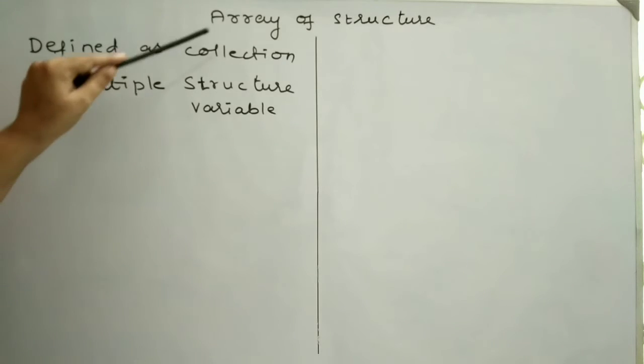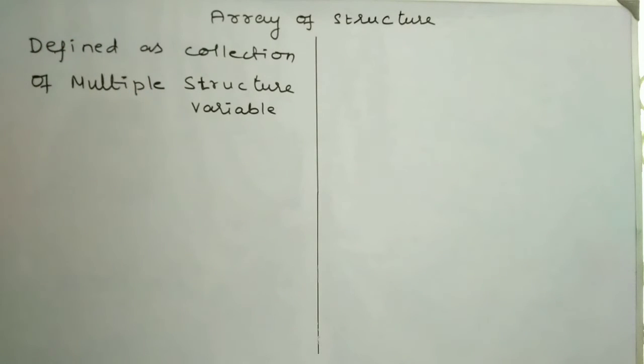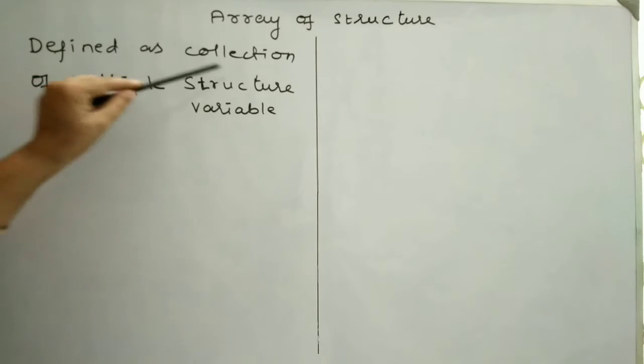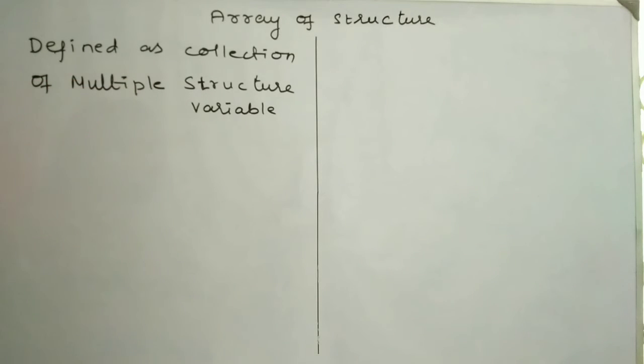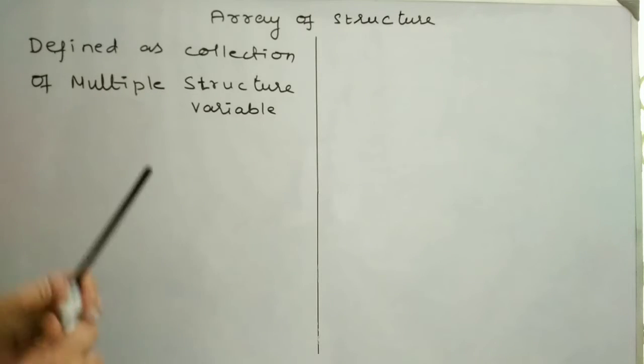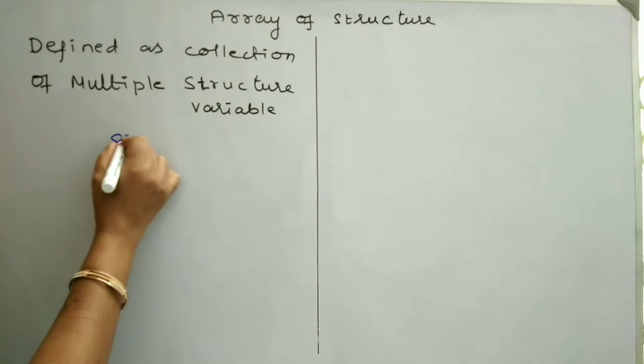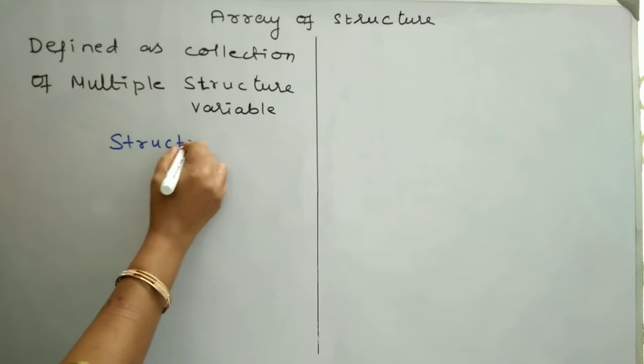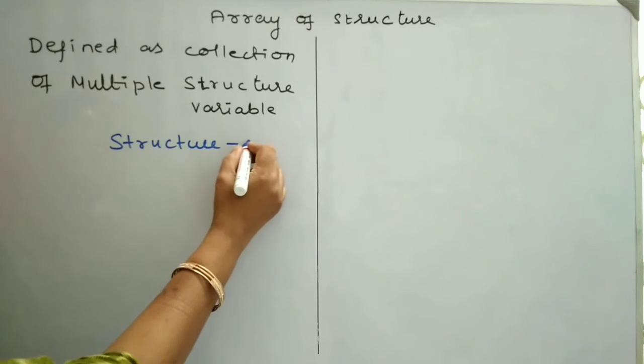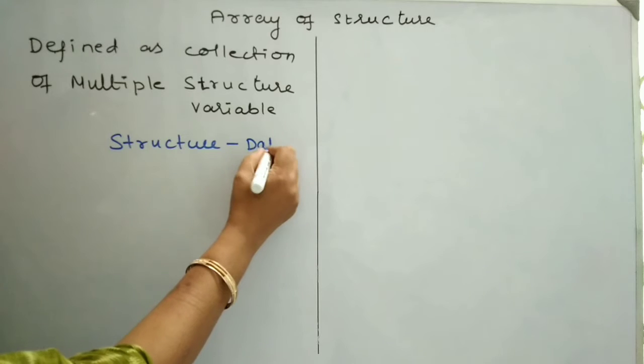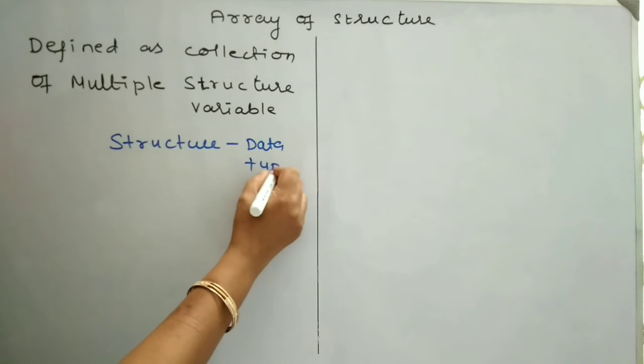I'm going to explain what an array of structures is. Basically, an array of structures is defined as a collection of multiple structure variables. How to explain this? For example, if I have defined a structure, a structure is basically a user defined data type.